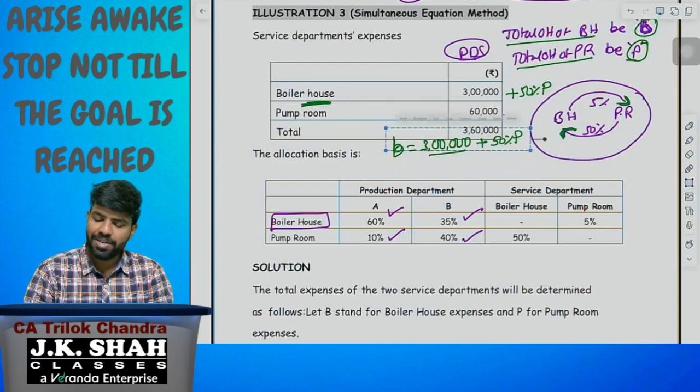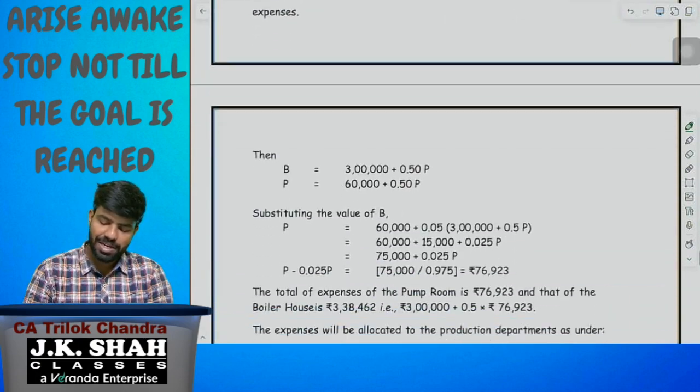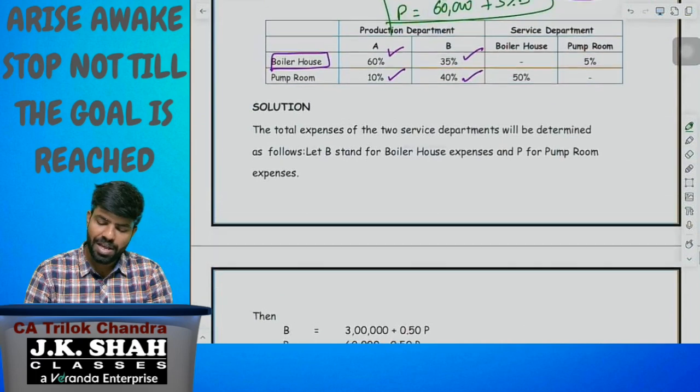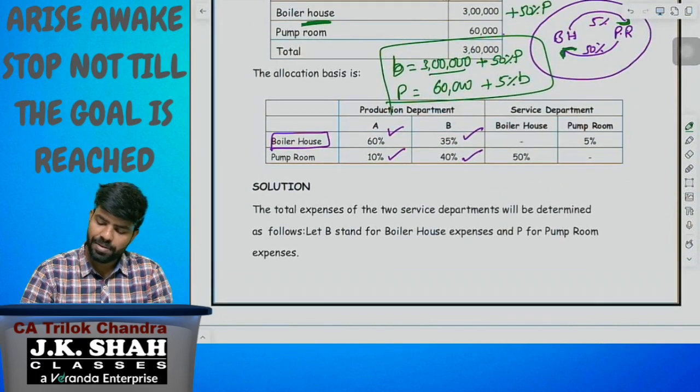If you really understand, you can guess the formula for the pump room. Pump room P equals the already existing cost of 60,000 plus it is receiving 5% service from the boiler house. These are the two equations written here. But there is a small error here.